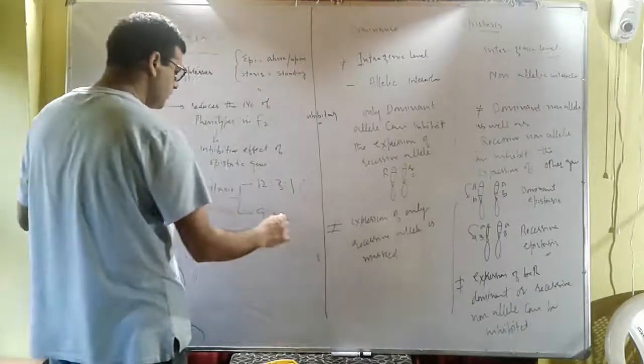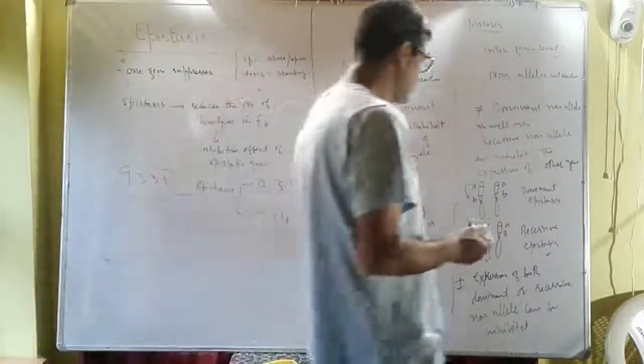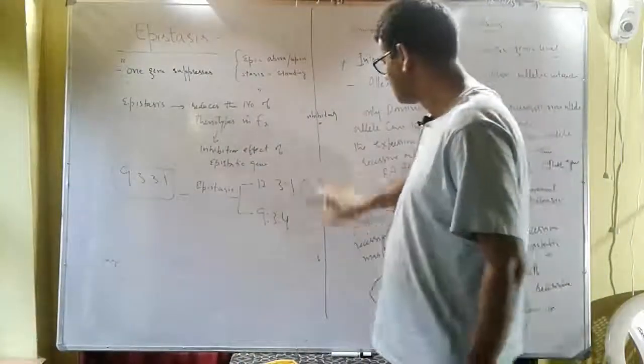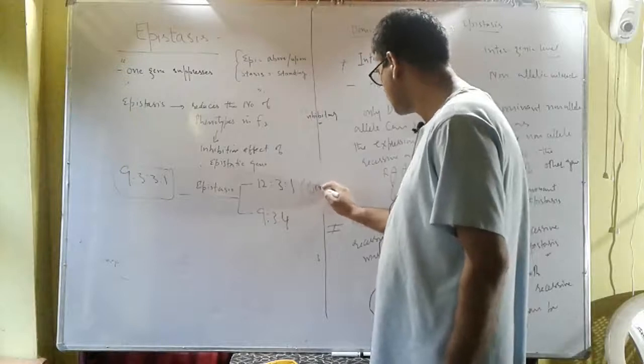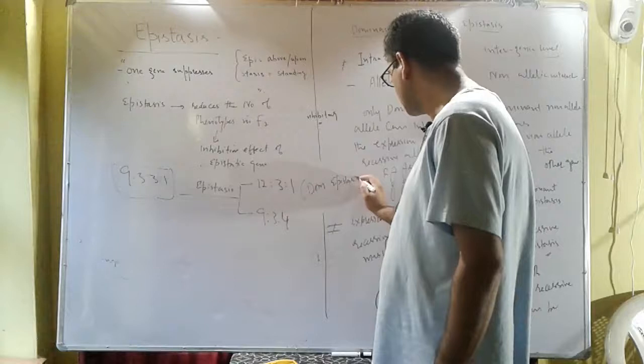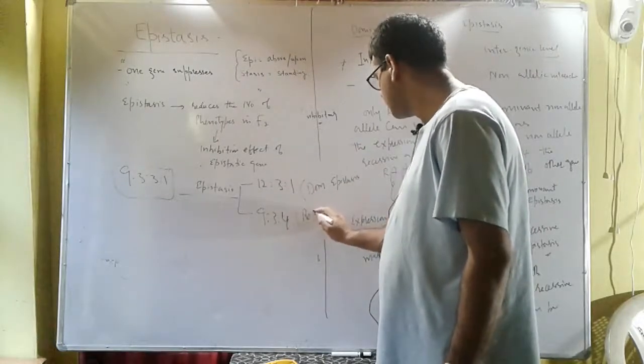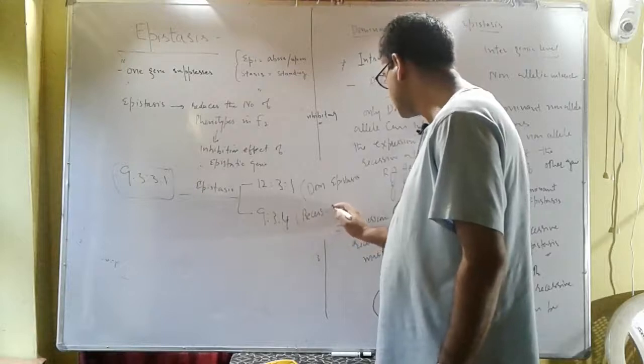The 12:3:1 is in case of dominant epistasis, and 9:3:4 is in case of recessive epistasis.